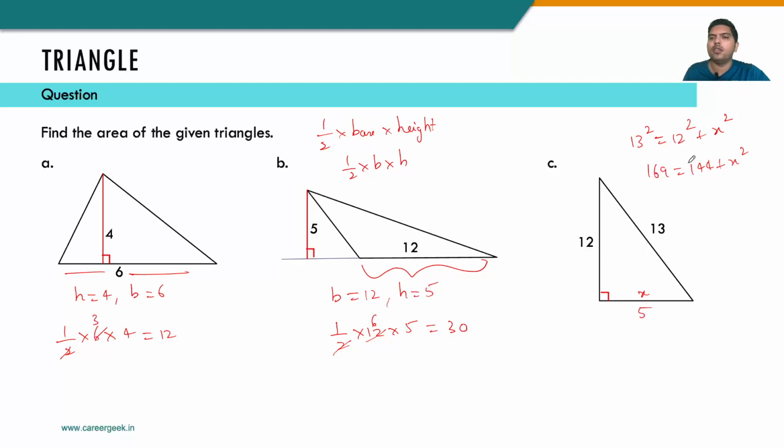Bring 144 this side, you get 25. So x square is 25, or 5 square, or x is 5. So here the base is 5 and height is 12. So you'll get the same answer as that of the second one, half into base into height, which is 30 square units.